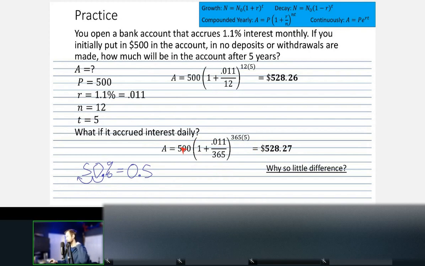Now, if this number was like $5 million, then looking at the dollar amounts, that would actually be pretty substantial. So basically, low interest rate and low amount invested.